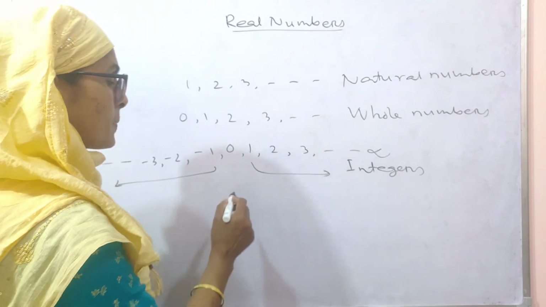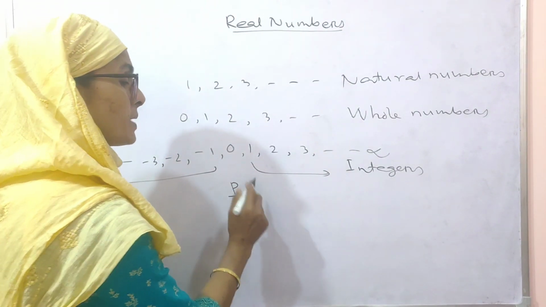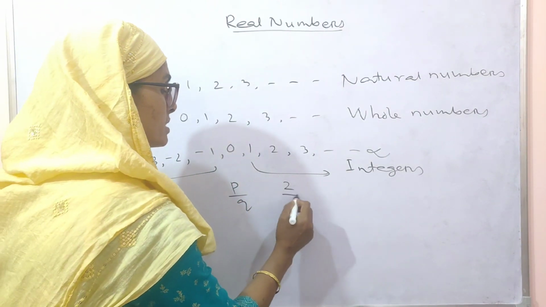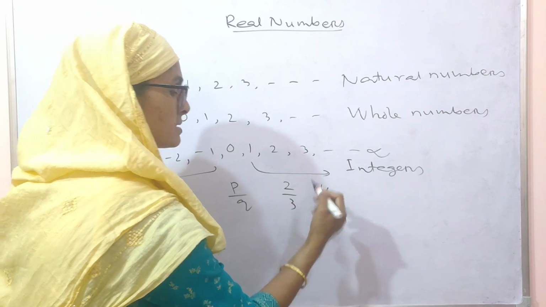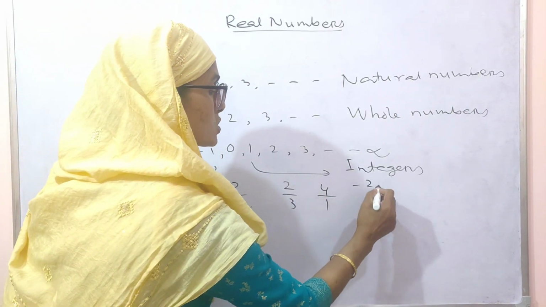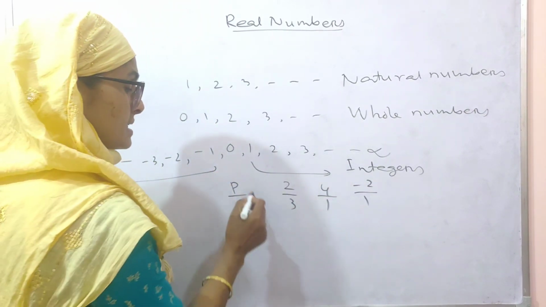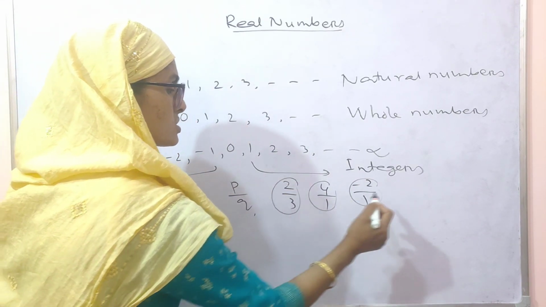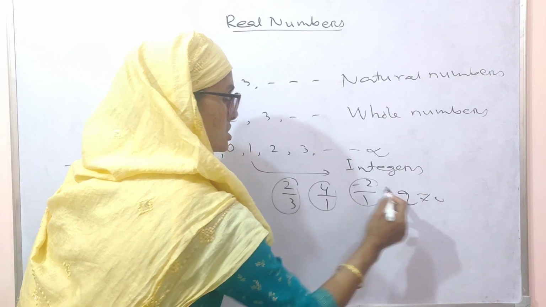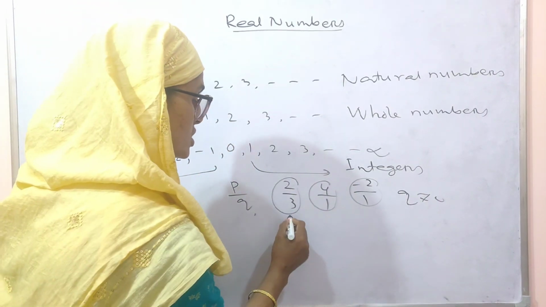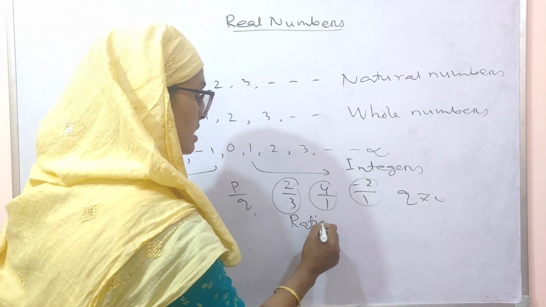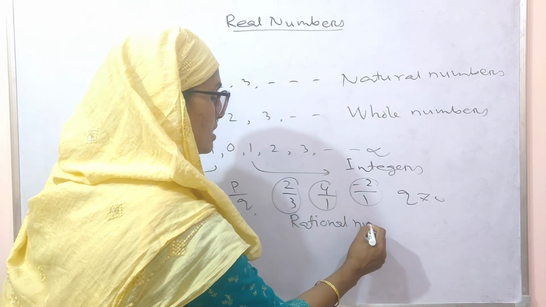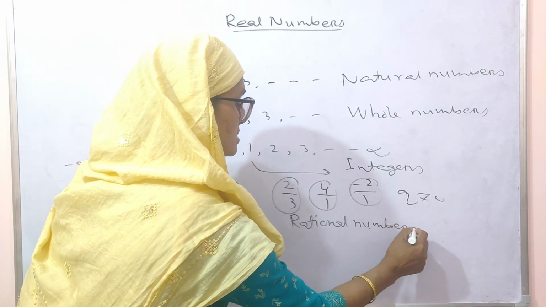And the number in the form p by q, say 2 by 3, 4 by 1, simply 4, minus 2, that means minus 2 by 1. These types of numbers, where q is not equal to 0, are called rational numbers.